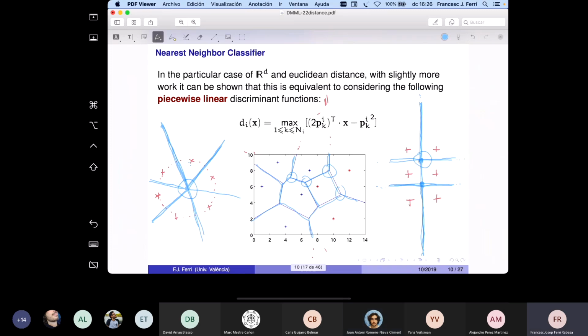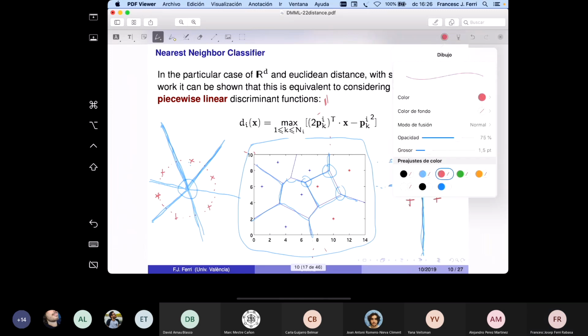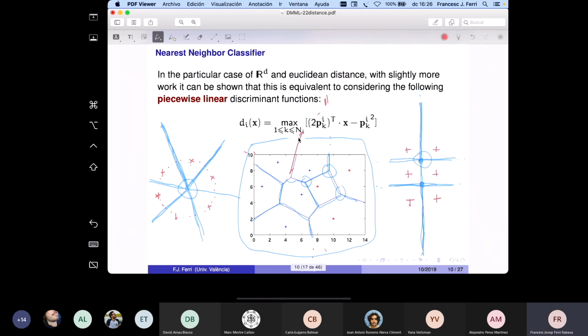To represent this Voronoi diagram, you need 1, 2, 3, 4, 5, 6, 7, 8, 9, 10, 11, 12, 13, 14, 15 linear functions.